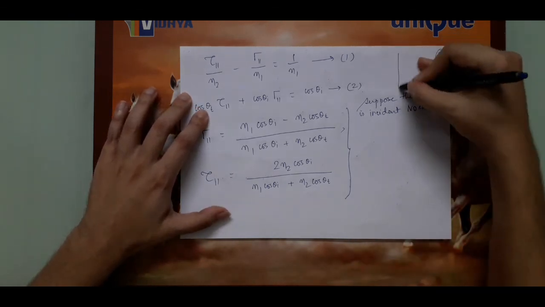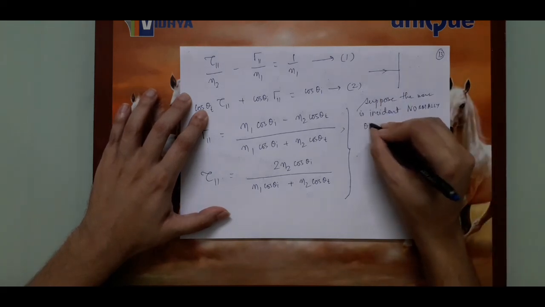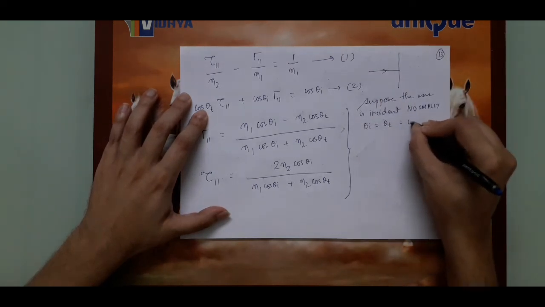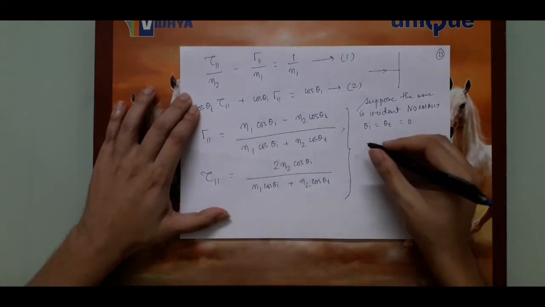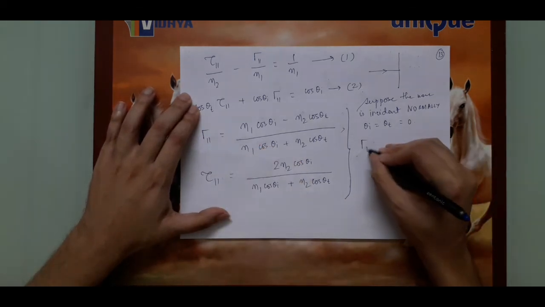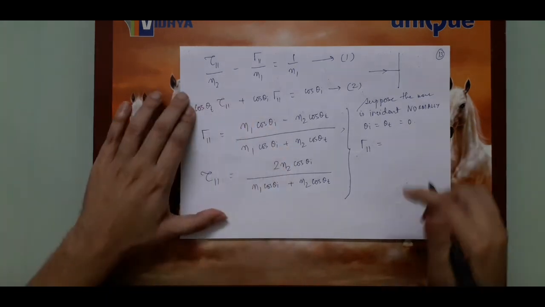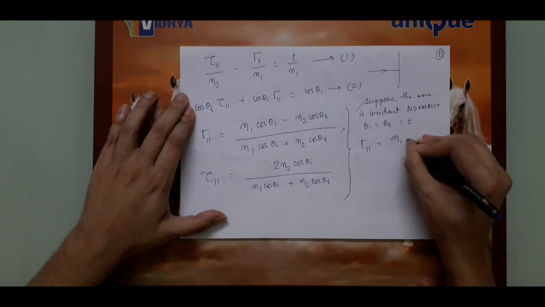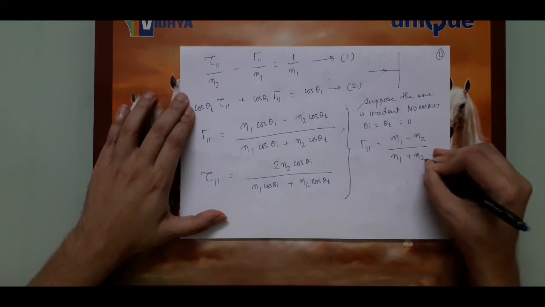So if this is the boundary, the wave is incident normally. That means theta I and theta t are 0. So what will be the gamma in case of the parallel polarization? This will be eta 1 minus eta 2 divided by eta 1 plus eta 2.